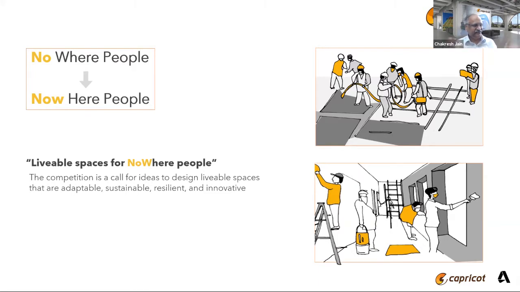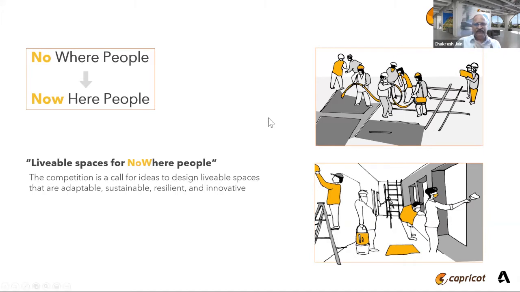So we call them the nowhere people. They don't come up much in our current thought process and discussion. We wanted to bring them center stage, and that's why we are calling this competition from nowhere to now here people. We need to really do something, and that's a huge chunk of our country.